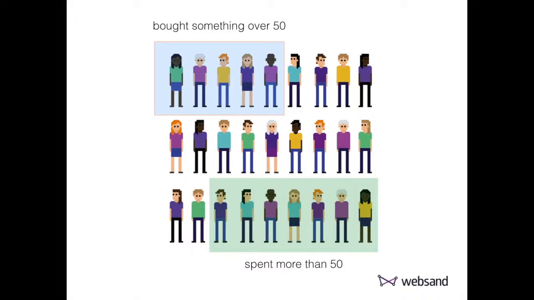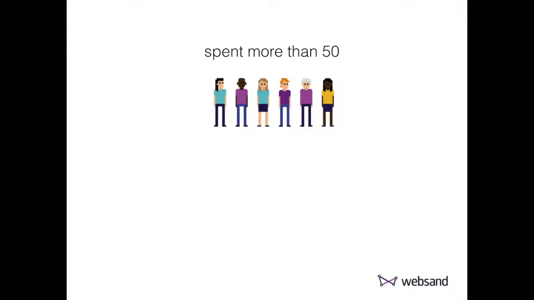That is those people who have a customer lifetime value of more than 50. So in this case, they have bought more than one item, and we're looking at the total transaction value during that period for the purpose of this segmentation.